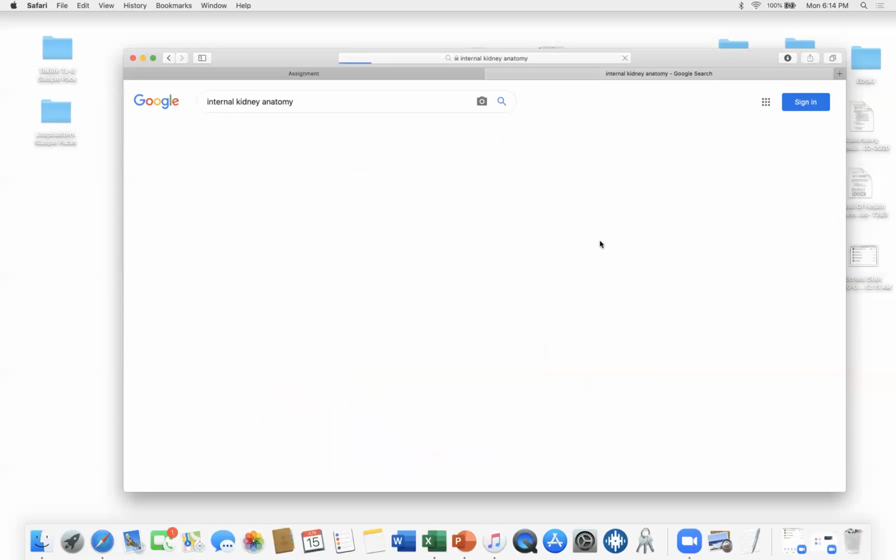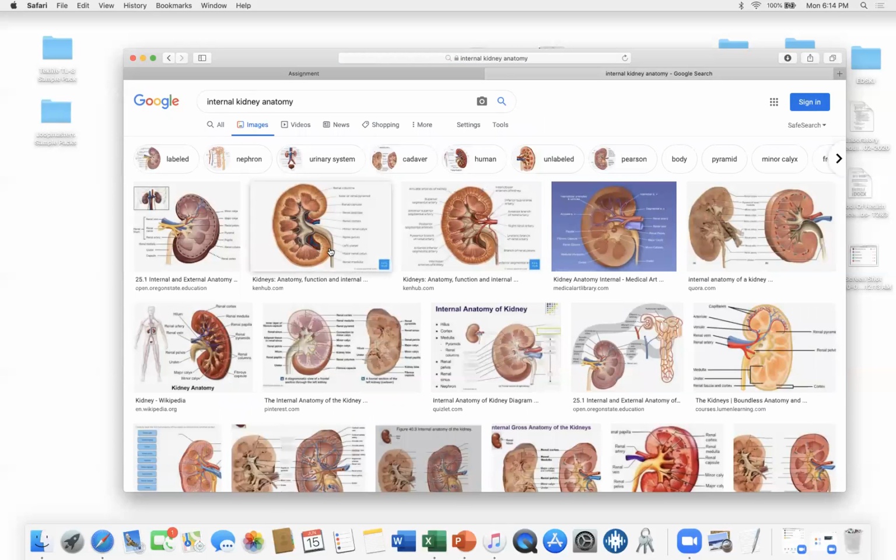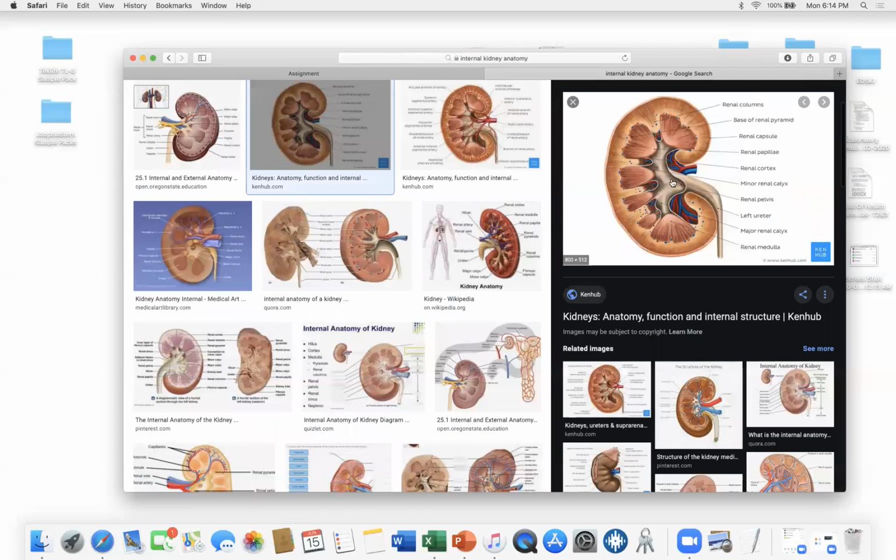So let's look at this image of a kidney and how it works. First, it has blood coming from the descending aorta, going into this renal artery, and that blood is dirty. What do we mean by dirty? It has a lot of extra nitrogens, also known as nitrogenous waste.